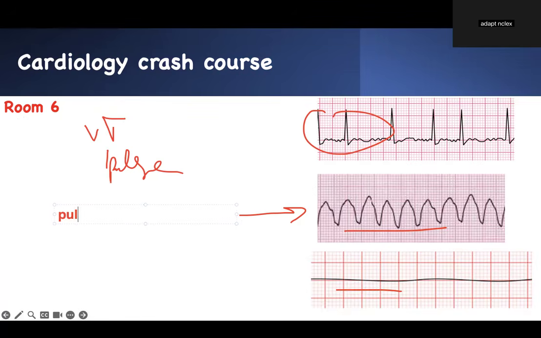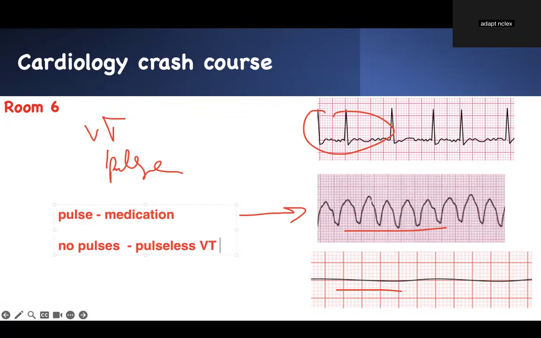If there is a pulse, then what am I going to do? Medication to slow down the heart rate. No matter, you can pick anything, beta blocker, calcium channel blocker, it does not matter. But say I check and the patient has no pulse. What would you do then? That is what we call pulseless VTach.